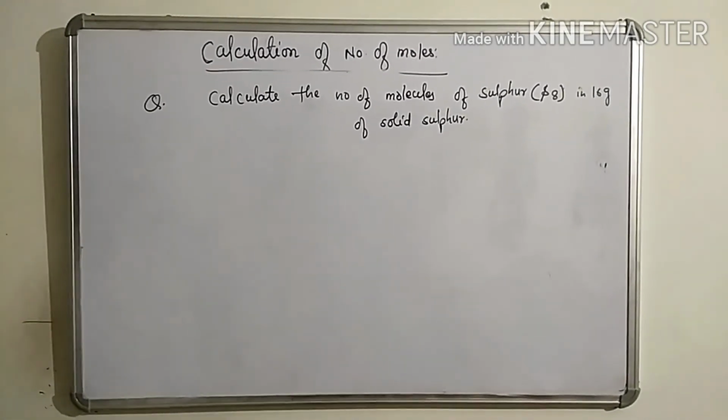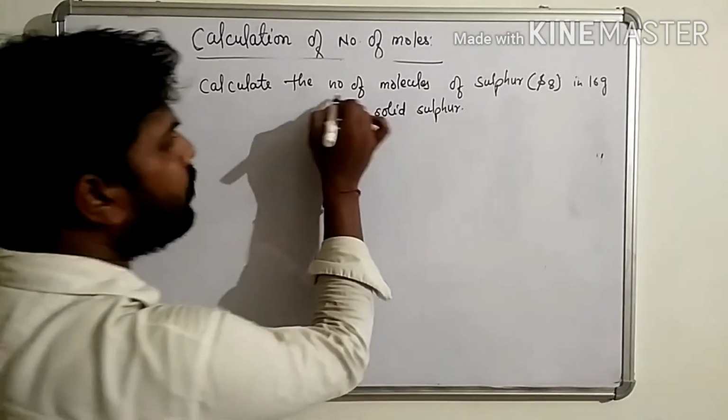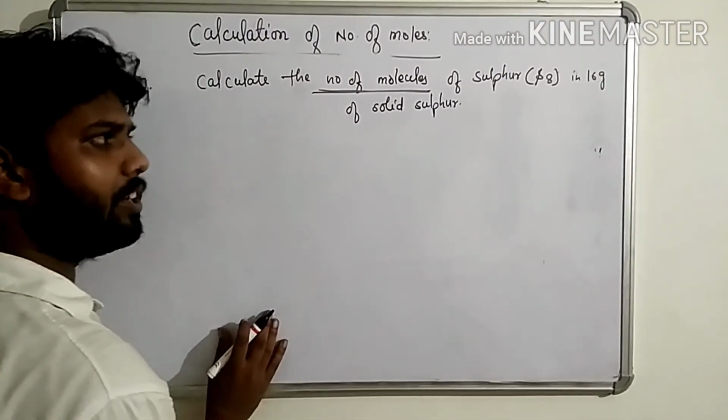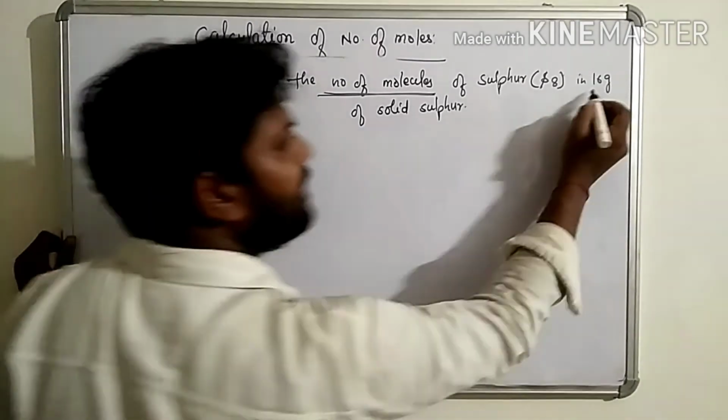Now see, children, we have to calculate the number of molecules, means number of particles you can also say, and here mass is given there, children.